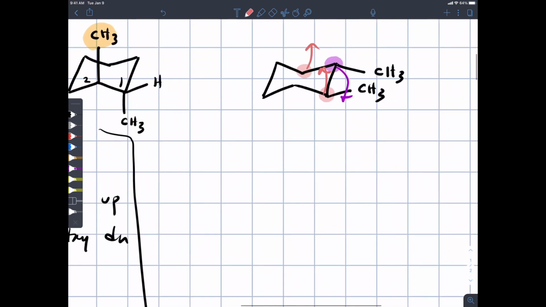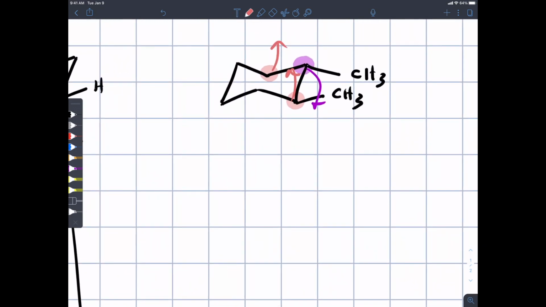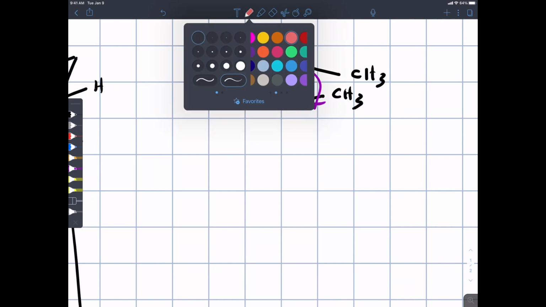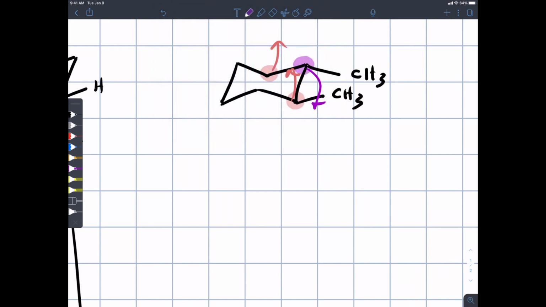So thinking about what that will do, if we rotate up carbon 1 in the downward direction, that should take the methyl group that was at a down equatorial position and push it to a down axial position.